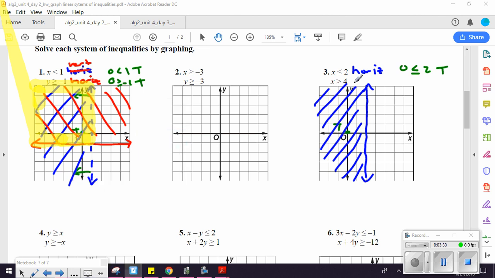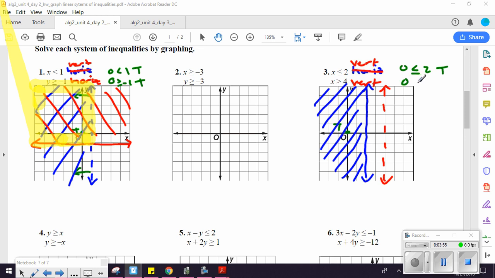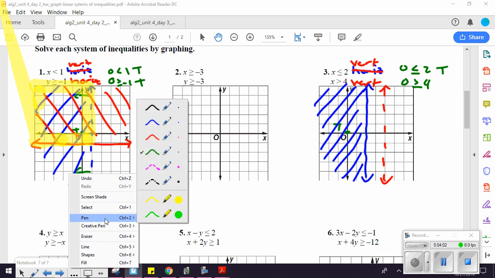The second inequality, x greater than 4, is also a vertical line, but this time at 4, and it's going to be dashed. Again, I can use 0, 0 as my test point. Plug in 0 for x. Is 0 greater than 4? No, it's not.